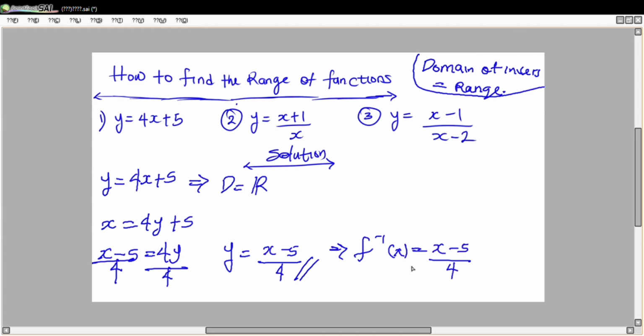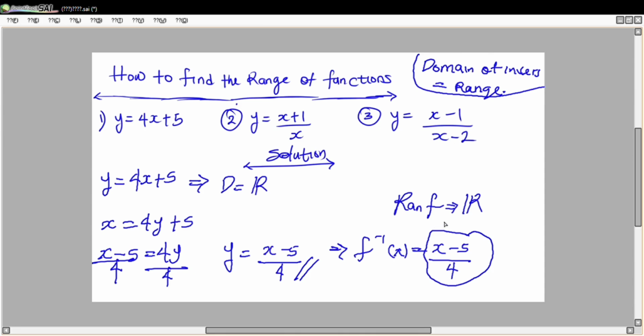Now, we said earlier that the domain of inverse will give us range. What is the domain of this equation here? You will notice that this equation here is also a straight line function. And we know that the domain of any straight line is equal to what? All real numbers. So definitely my range of f is equal to what? All real numbers.